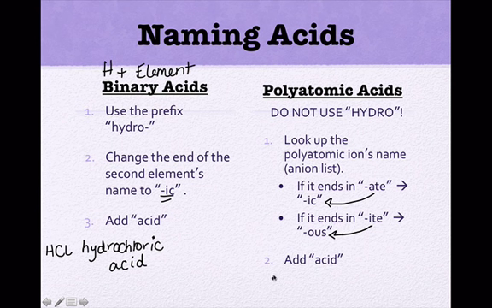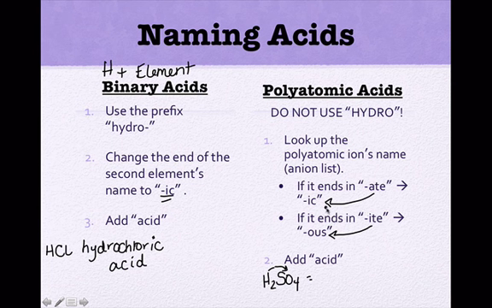An example of one we can use is H2SO4. H2SO4, this is a polyatomic acid because I have a hydrogen or hydrogens attached to my polyatomic anion right there. That polyatomic anion is sulfate, and since it ends in ate, it's going to become ic.